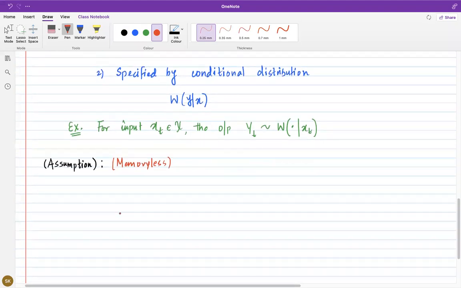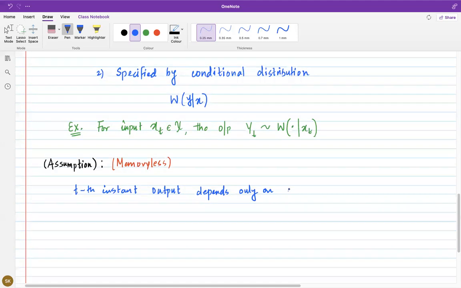That essentially means that the tth instant output, that is yt here, depends only on the tth instant input, that is the input at time t.